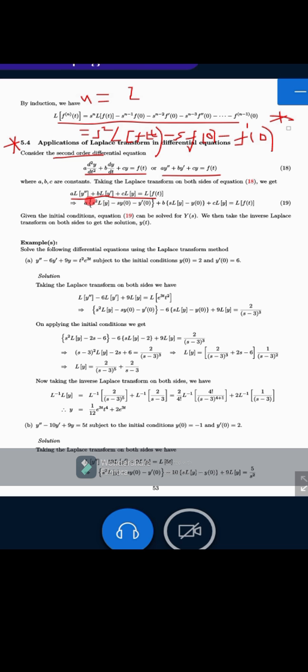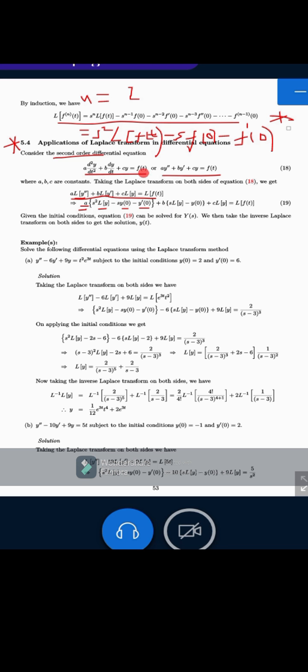So basically, from whatever we have seen on top here, the Laplace transform of y double prime, a is a constant, so we have into bracket the Laplace transform of the second derivative, which is whatever we are having here: s squared Laplace transform of y minus s y of 0 minus y prime of 0.